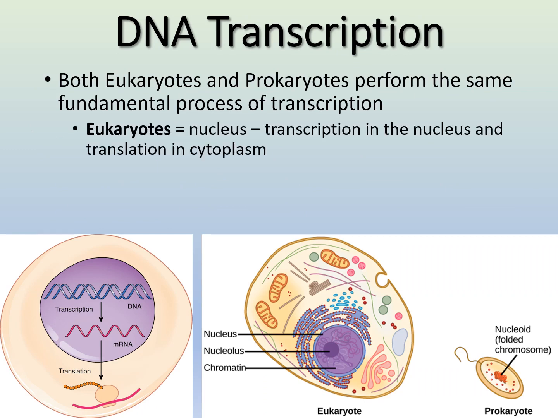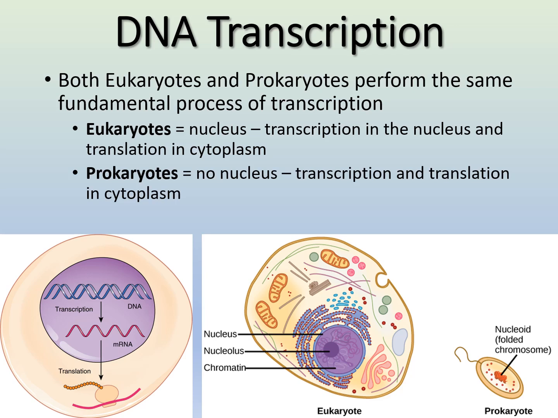Both eukaryotes and prokaryotes are going to undergo the fundamental process of transcription. In eukaryotes, we have a nucleus, and so we're going to undergo transcription within the nucleus, and then we're going to take that messenger RNA out of the nucleus and translate it in the cytoplasm.